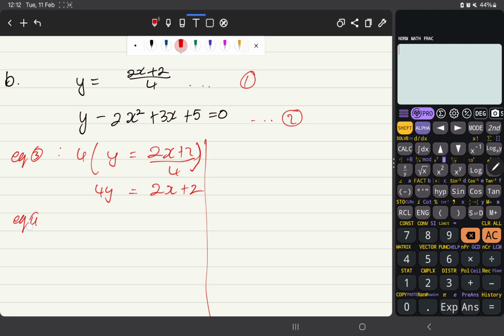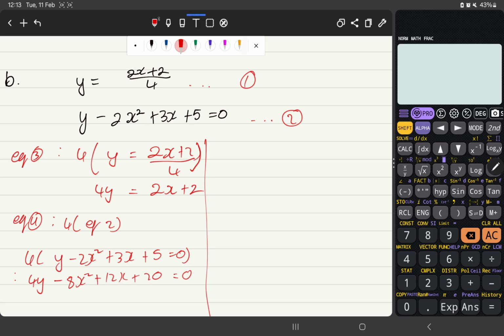And then perhaps in this section I can just say equation 4 is going to be what? It is going to be 4 into equation 2, right? Which will be 4 into y minus 2x squared plus 3x plus 5 equals 0, right? And the answer to that is 4y minus 8x squared plus 12x plus 20 equals 0.